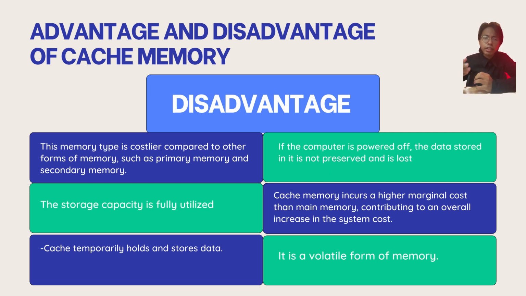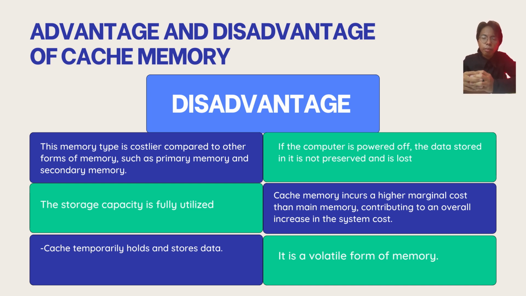Next, the disadvantages of cache memory. There are also 6 points. The first one is that this memory type is costly compared to other forms of memory, such as primary and secondary memory. Secondly, the storage capacity is fully utilized. Thirdly, cache temporarily holds and stores the data.